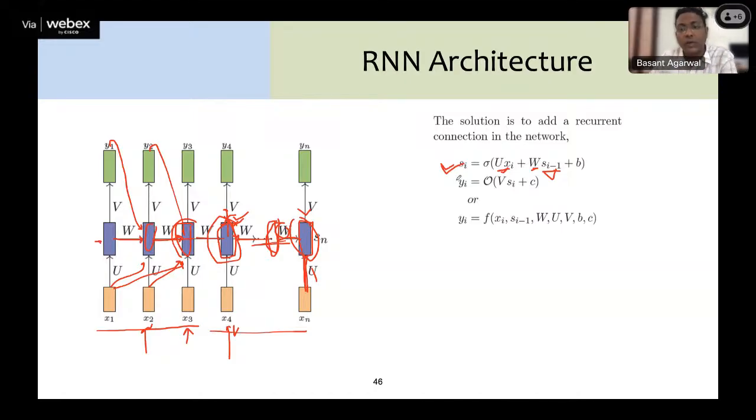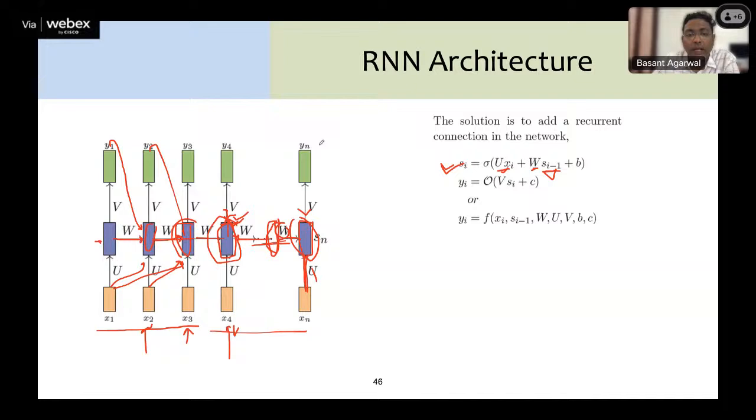So that way, this equation now is a recurrent neural network architecture in which we can see that the output of the hidden node at any moment of time is taking care of the current input and also previous inputs with the help of this s_{t-1}.